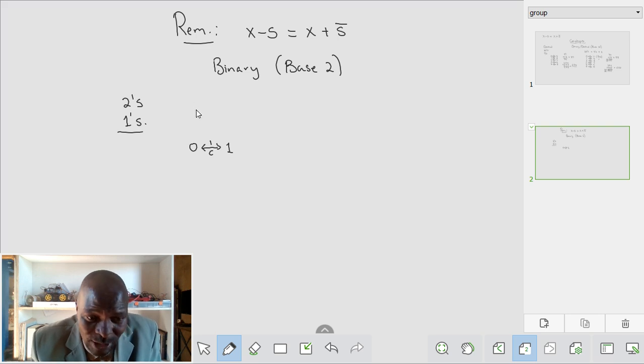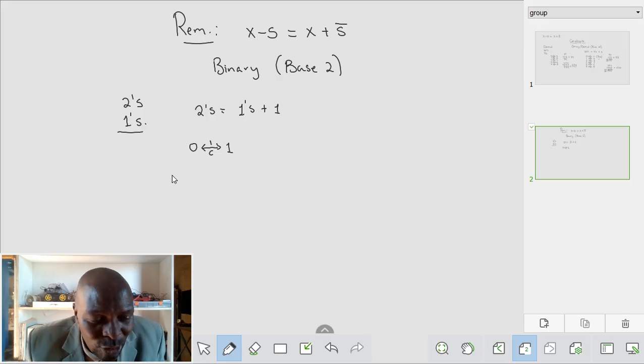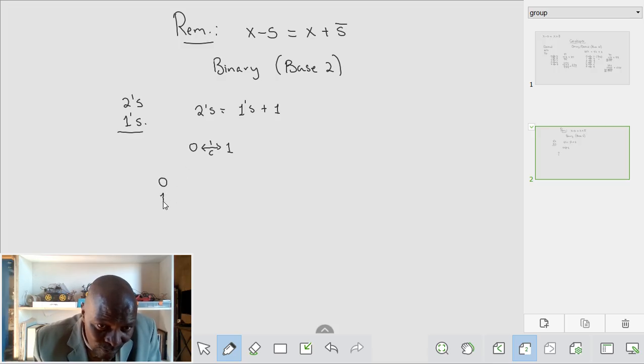2's complement follows what you did with 10's complement. We said 10's complement was 9's complement plus 1. In this case, 1's complement plus 1. So the same rule that we had with the base complement: the base complement is always the base minus 1's complement plus 1. So now if you look at 2's complement, let's take the 0 and 1.